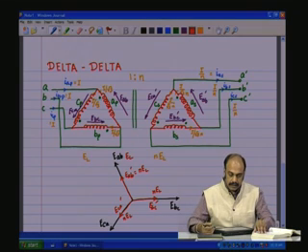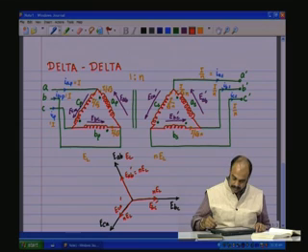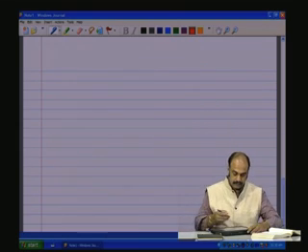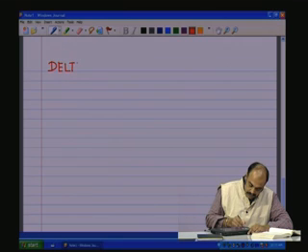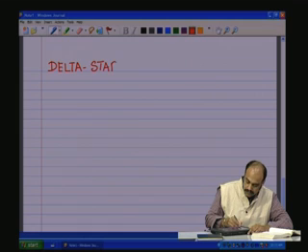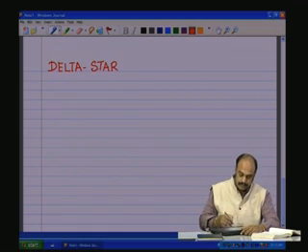Now, let us look at the delta-star connection.